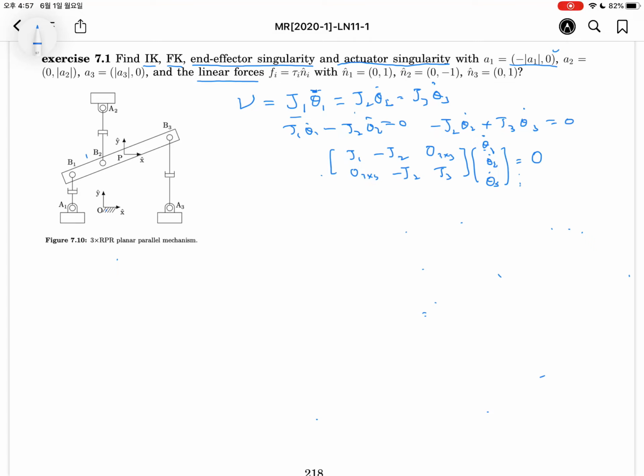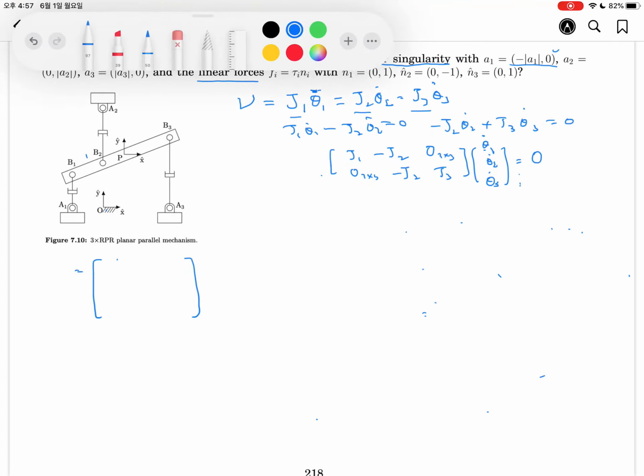The first one will be the J1. Okay. Second, J2, and third, J3. Okay. Let's apply the screw axis for this computation. J1 will be, okay, the first, I'm sorry, it is the twist.